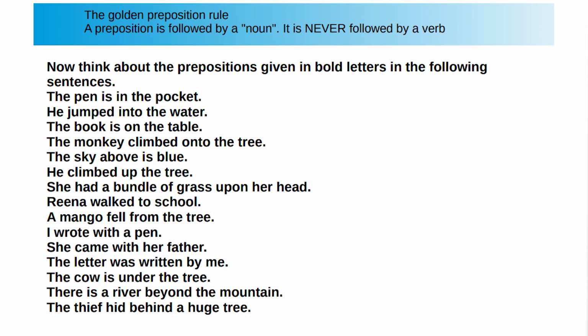He jumped into the water. Into. The book is on the table. The monkey climbed onto the tree. The sky above is blue. He climbed up the tree. She had a bundle of grass upon her head. Rina walked to school. A mango fell from the tree.